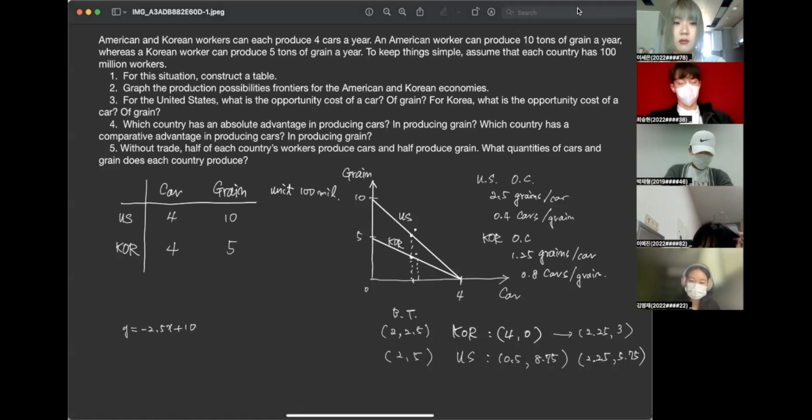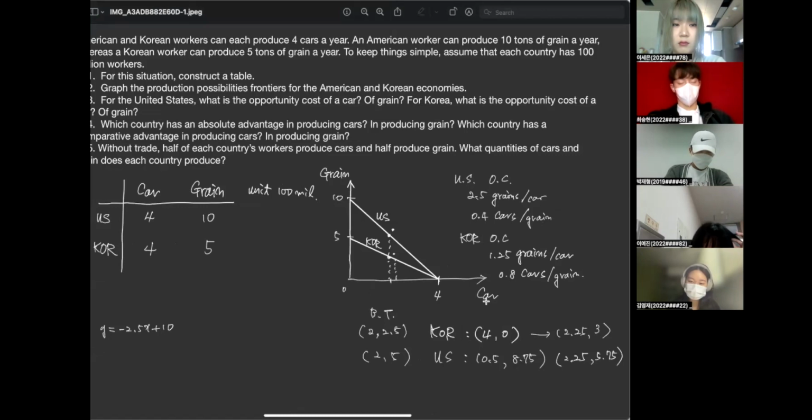And correspondingly, we can see, right? 8.75 of grain is produced, but the US wants to enjoy more than 5. Let's say, for example, 5.75 is consumed domestically, then the remaining part, 3, can be exported from the US to Korea, then Korea can enjoy a consumption of 3.